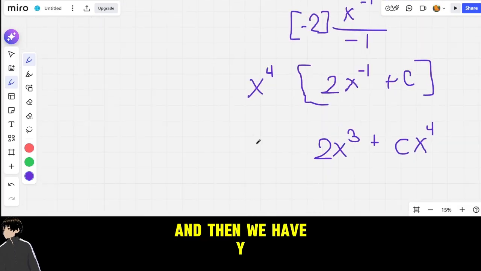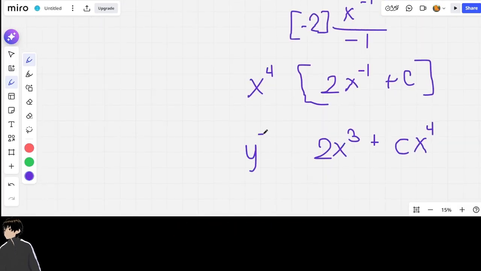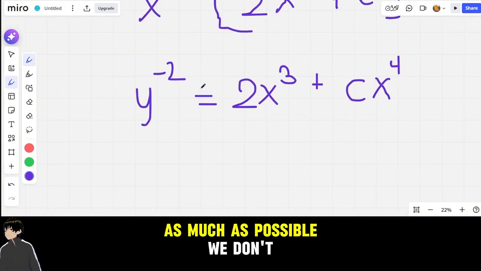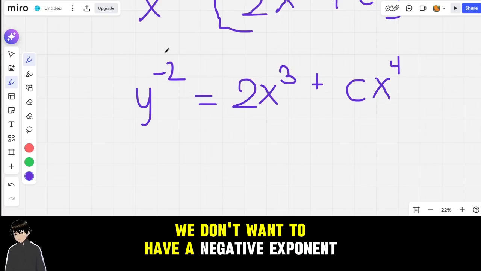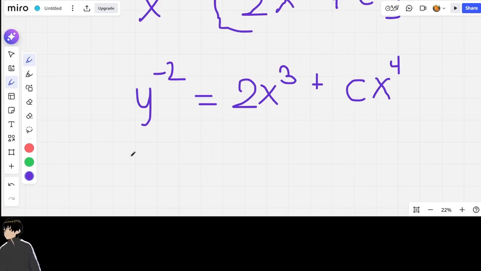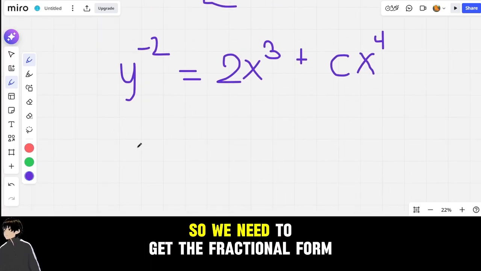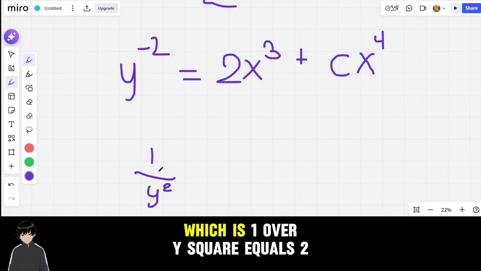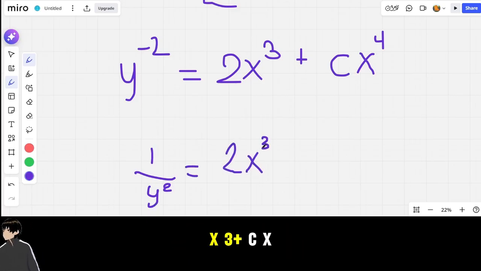And then we have y to the negative 2. As much as possible, we don't want to have a negative exponent on y. So we need to get the fractional form, which is 1 over y squared equals 2x cubed plus cx to the power 4.